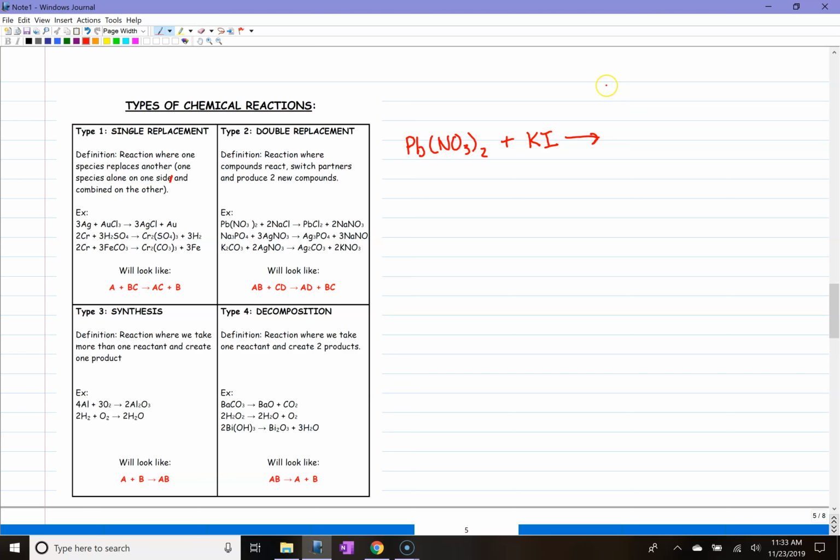I only have to figure out which elements are going to be together in the products. When I write the products, I'm always going to put the metal first and then the nonmetal. So lead would be with iodine in the products.